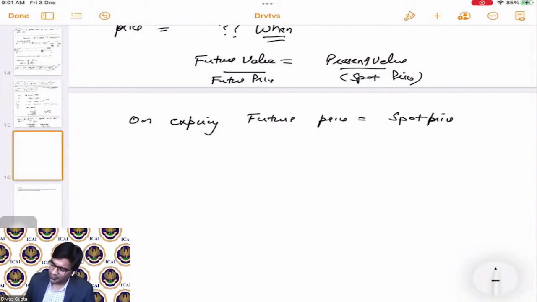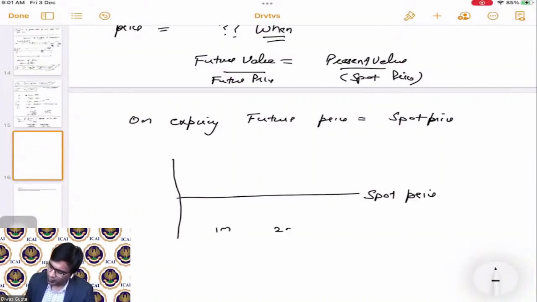That means if you see, this is the spot price line, for example, correct? This is, let's say, 1 month, 2 months, and then 3 months. We are talking about, let's say, a 3 month expiry of a future.